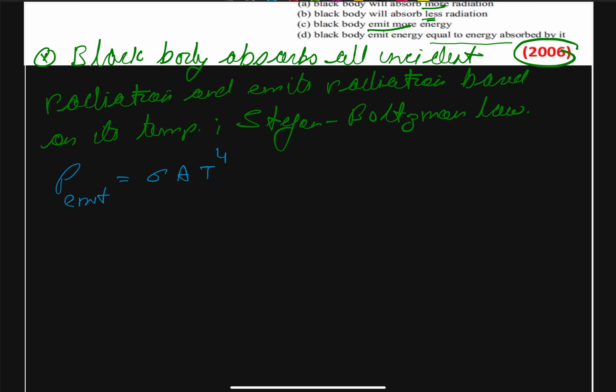And in case of absorption by a black body, we have to remember that it is going to absorb the entire radiation irrespective of the wavelength or source. So it means the power absorbed only depends upon the intensity of incident radiation.